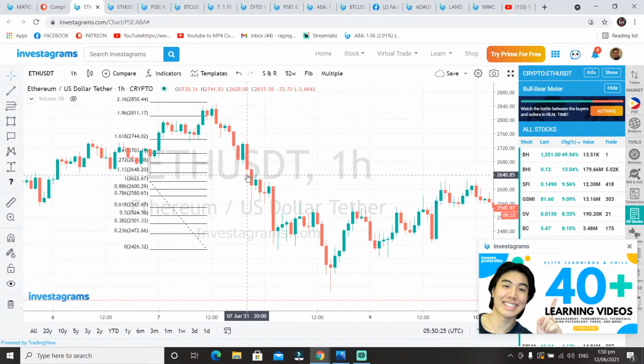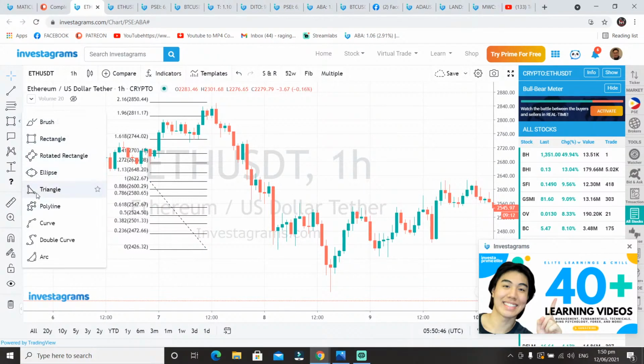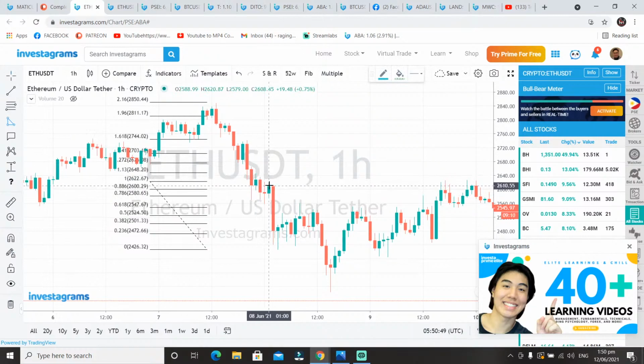It's now valid. So we can make this now our one impulse from here to here, down to here. Then we can find the B. So this is going to be X, A, then B. So this is B, and B already crossed 61%. So if we're just going to make a triangle, from here, maybe it is here, right?